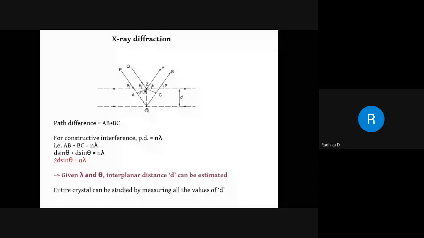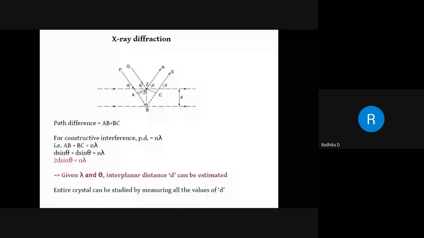So if I take sine theta, I will get opposite side, that is AB divided by BZ is sine theta. AB by BZ is sine theta. But BZ is what I know, it is D. So AB by D is equal to sine theta, or you will get AB is equal to D sine theta. Distance AB is equal to D sine theta.